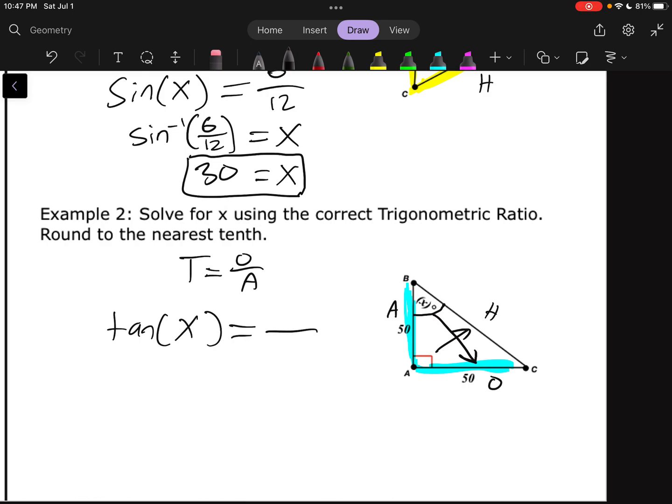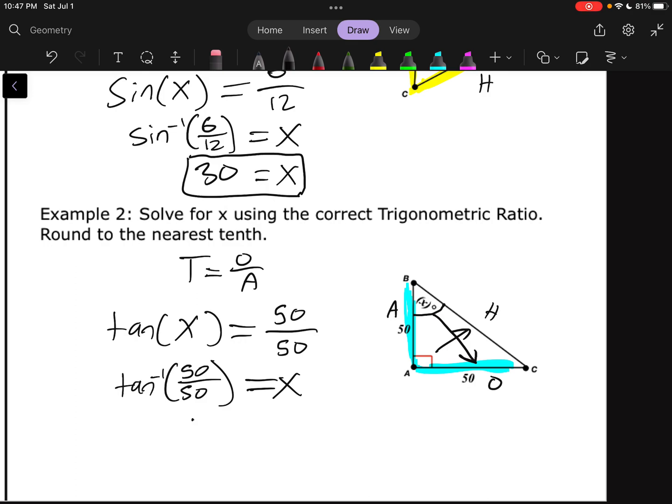Angle goes inside the parentheses, so that's my x, and this is O over A, that is 50 over 50. So to get x out from those parentheses, I'm going to switch over to inverse tangent. I'm going to put in the ratio, and I'm going to get out the angle that I want. So this time I'm going to type in my calculator inverse tangent of 50 over 50.